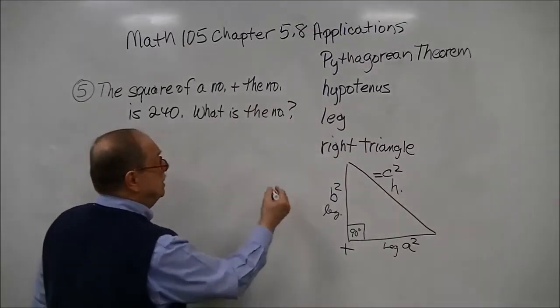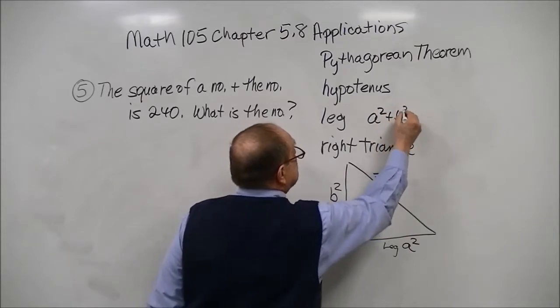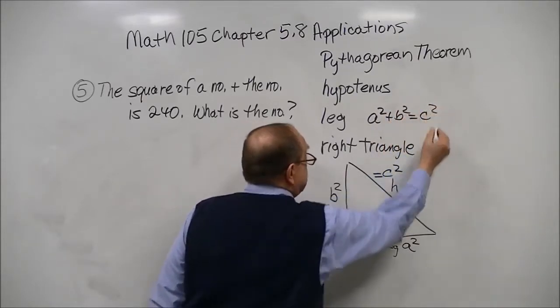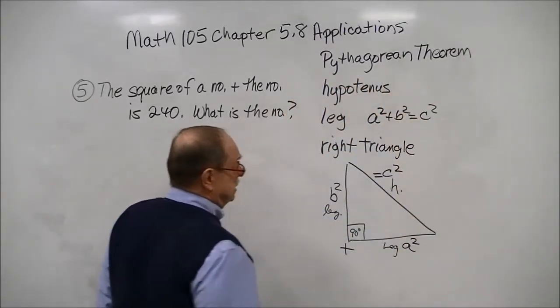And the formula would be A squared plus B squared equals C squared. And that is the Pythagorean Theorem.